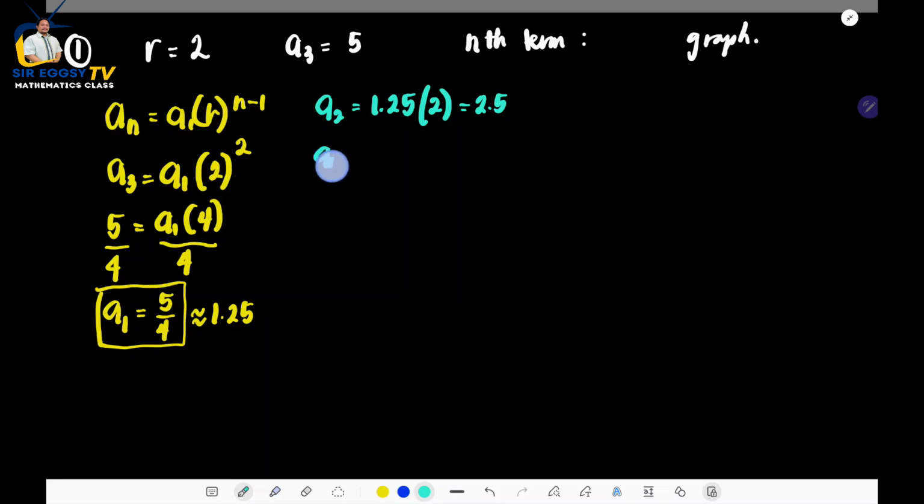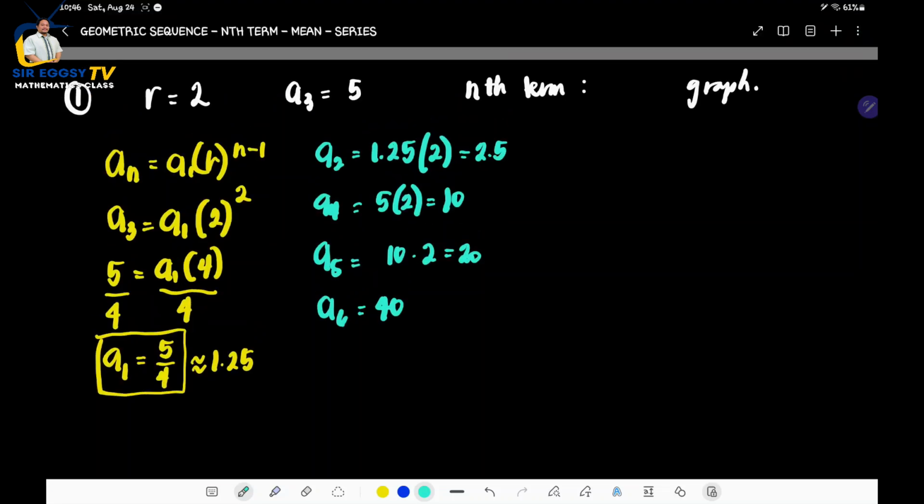And you have already a sub 3. Let's get a sub 4. A sub 4 is equal to 5 times 2, which will give us 10. And a sub 5 is equal to 10 times 2, which will give us 20. And a sub 6, as we can see, is just 40.